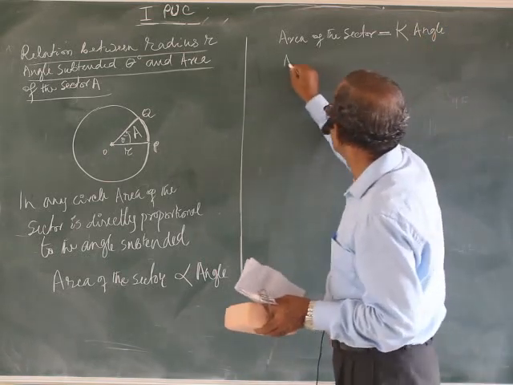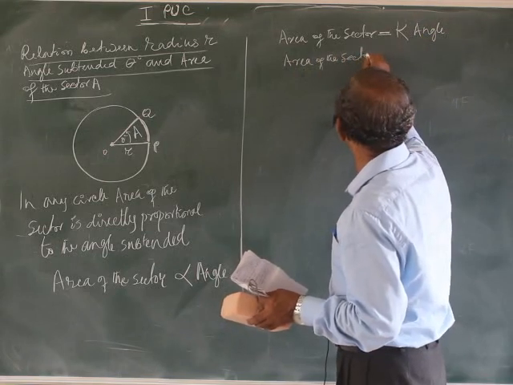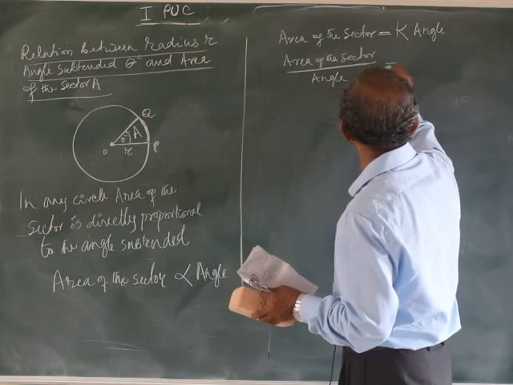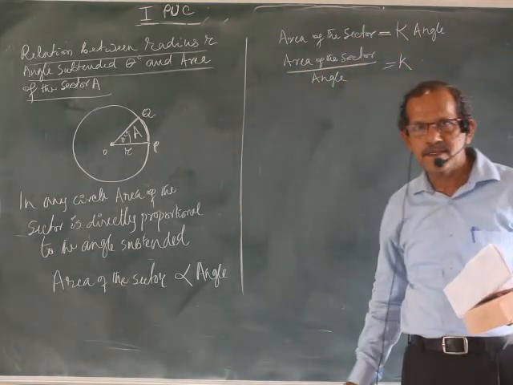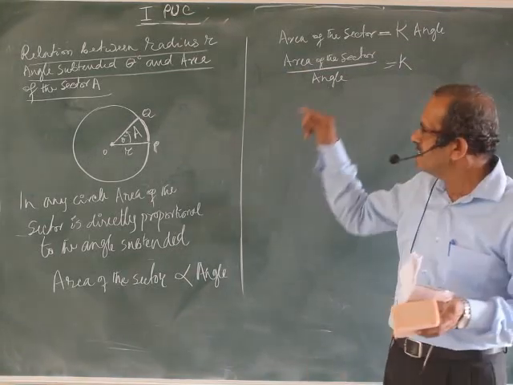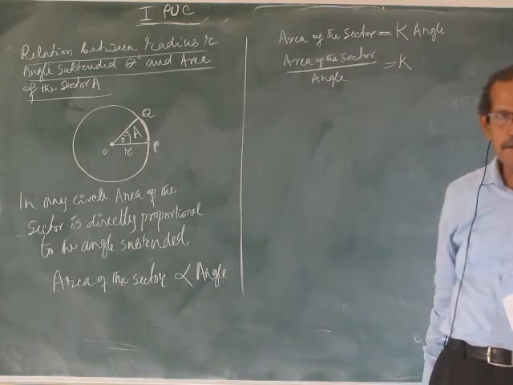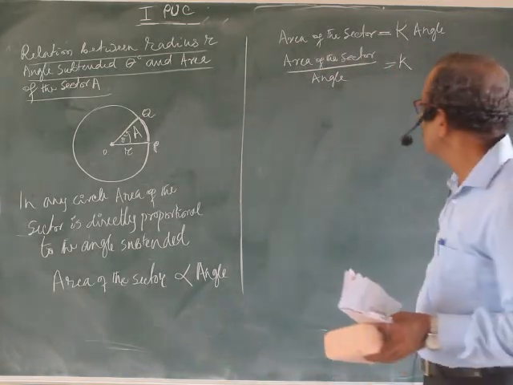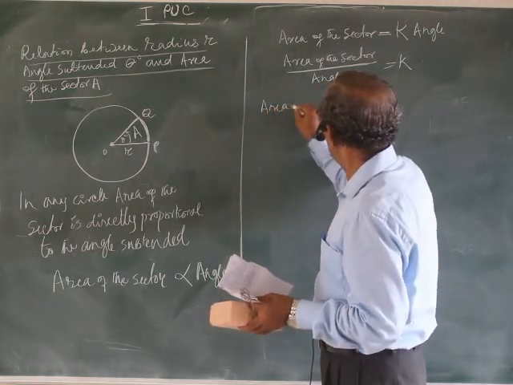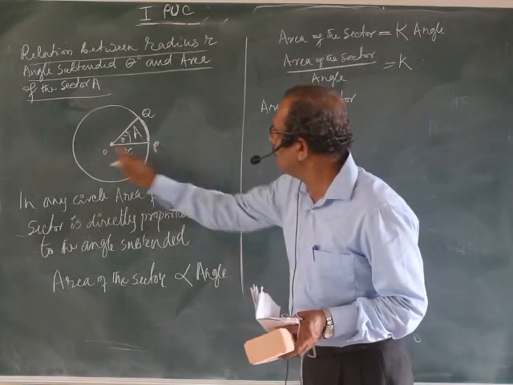Or remember, area of the sector divided by angle is always constant. Remember, whichever may be the sector you take from the circle, its area divided by angle subtended always remains the same. It is same throughout. So let me take here area of the sector. Which sector? POQ.